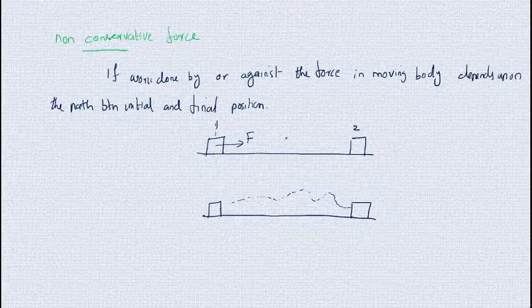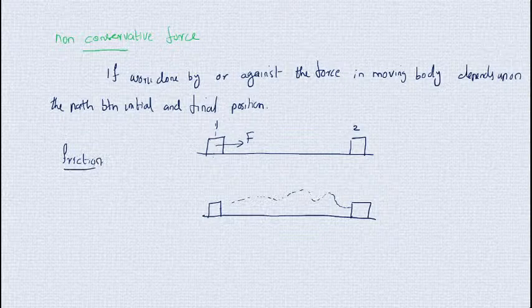So what are we concluding from here? This type of force, mainly the frictional force, is an example of non-conservative forces. One of the important examples of non-conservative force is what? Friction, because the work done by the frictional force depends upon the nature of the path. Now again, imagine you are bringing this body back to the original position.